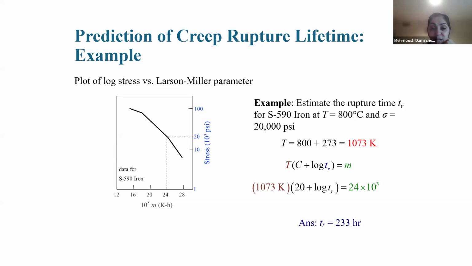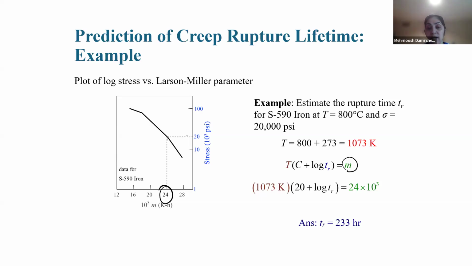Use the Larson-Miller equation: T times C, where C is the constant 20, plus log of T_R, the rupture time, equals M, the Larson-Miller parameter. We have T, we have C. We are looking for T_R, but what is M? M is a function of the applied stress, 20,000 psi. Come here and read M. M should be 24 times 10 to the 3.